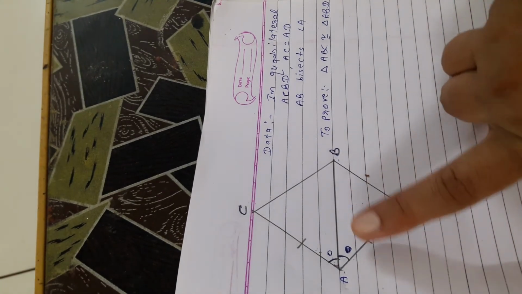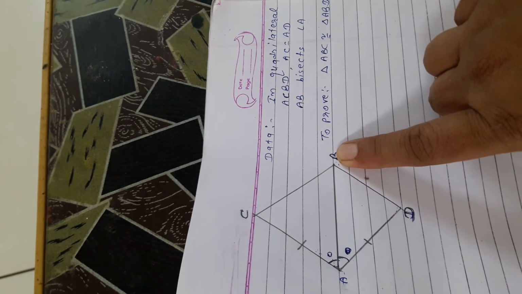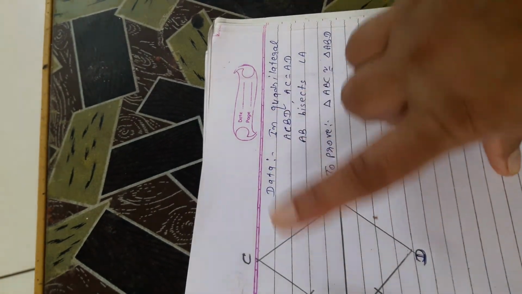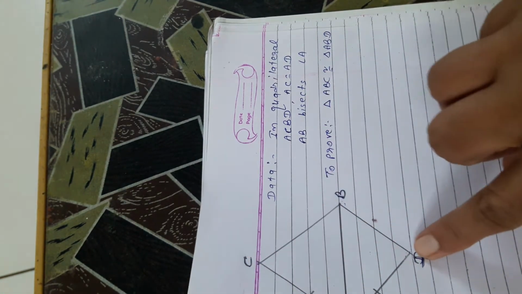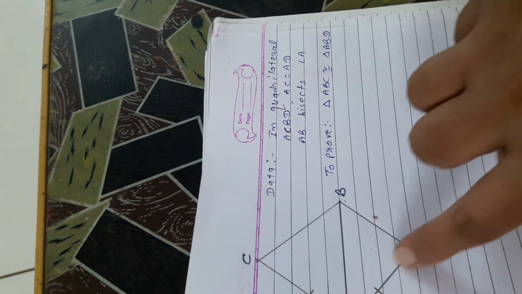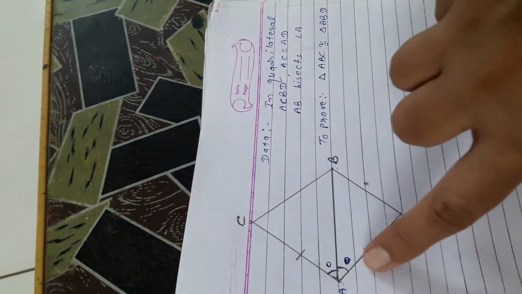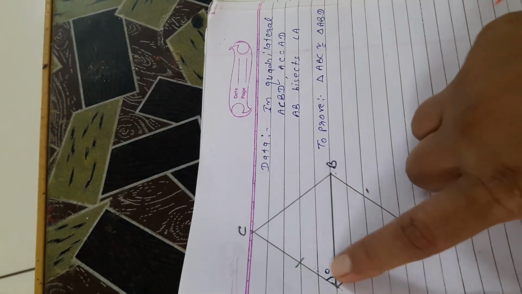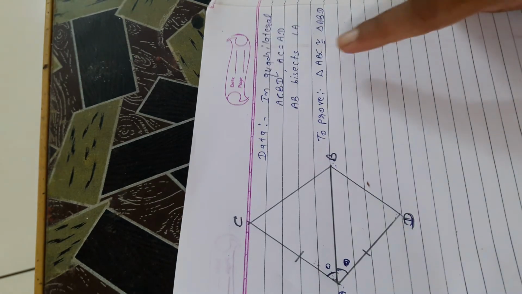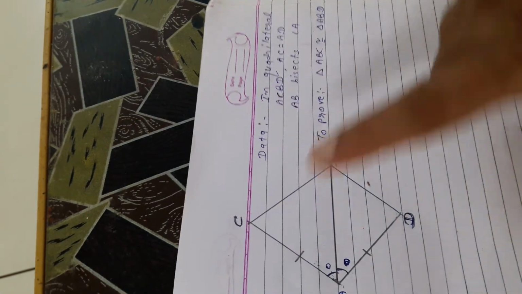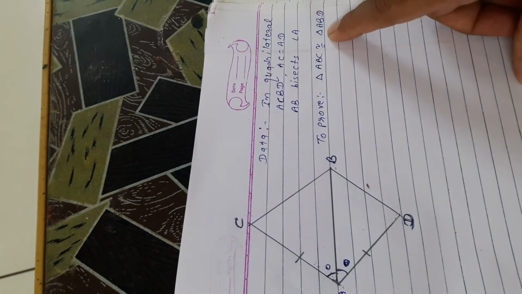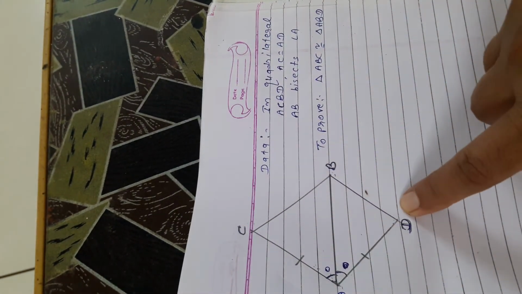In this example, we have given in the quadrilateral ACBD, AC is equal to AD, and AB bisects angle A. We have to prove that triangle ABC is congruent to triangle ABD.